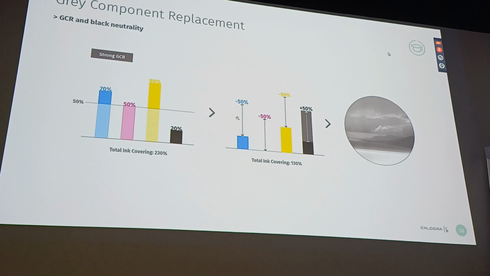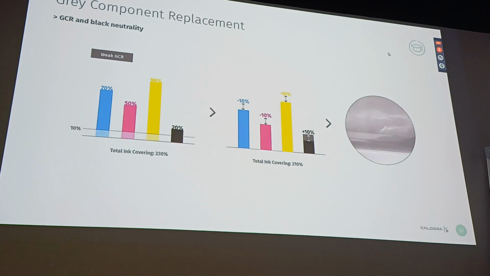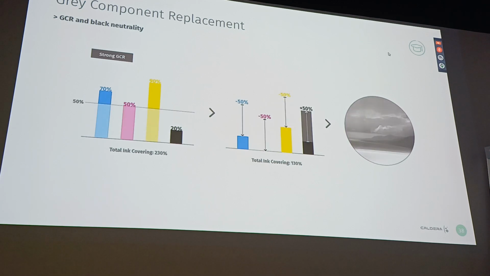All colors have been decreased a lot, and we just increased the black a lot. And we made a huge ink saving as well here. So these are two extreme examples, just for you to understand the consequences of the GCR.